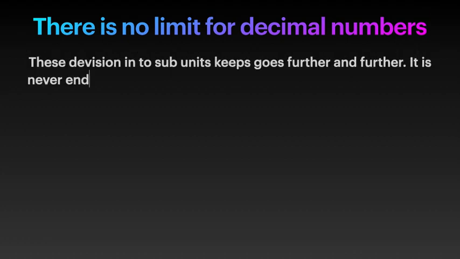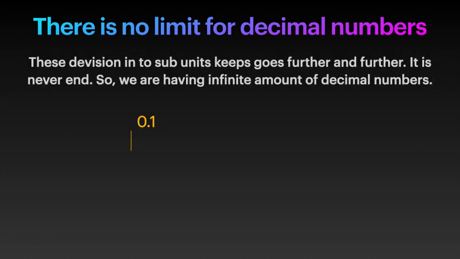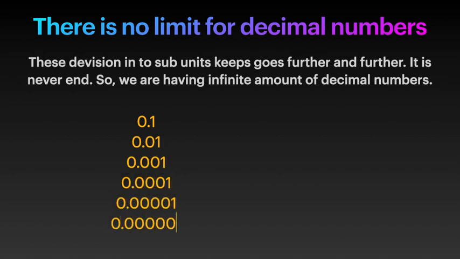So dear students, there is no limit for decimal numbers. This division into subunits goes further and further. It never ends. So we have an infinite number of decimal numbers. As subdivision goes on, it creates more and more decimal places.